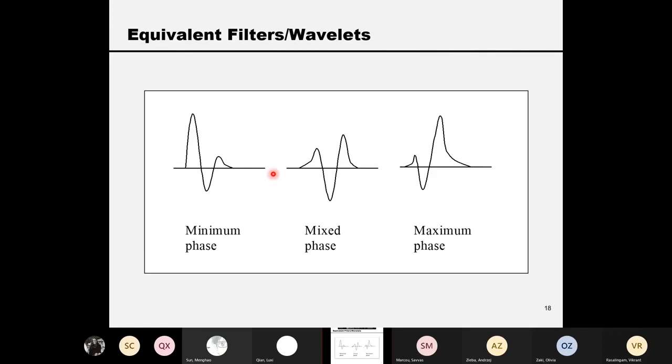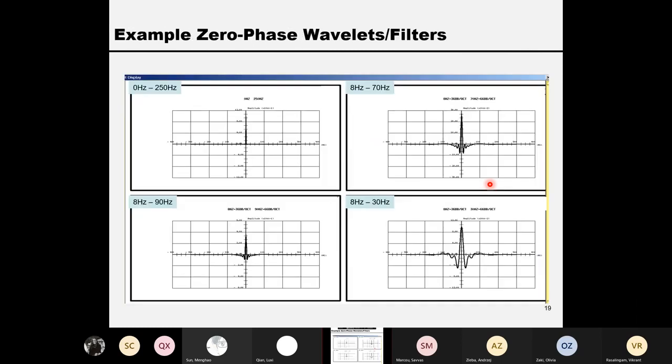If you do a factorization of that transform, you end up with not only minimum phase dipoles, but also maximum phase dipoles. So this is a mixed one. That's the illustration of minimum phase and maximum phase. We said zero phase is a special example of a mixed phase filter.